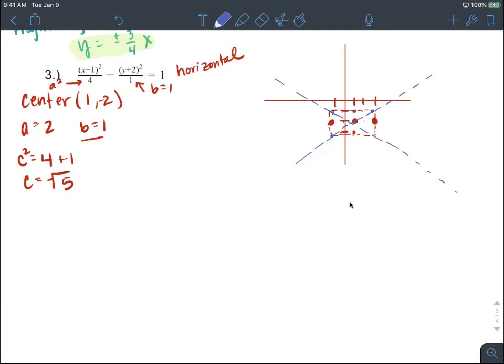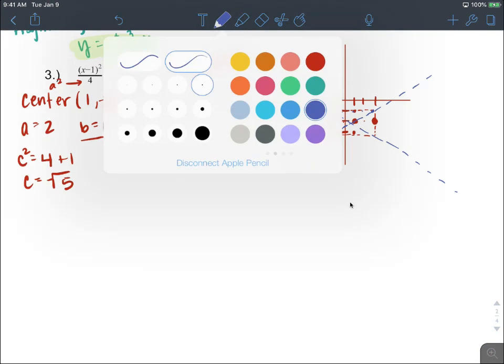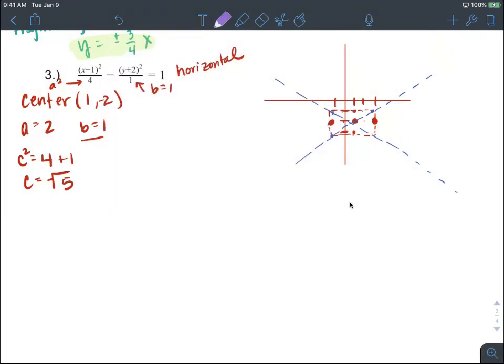Okay, so the next thing we're going to do is, since the graph is horizontal, my vertex is going to be horizontal on the box. Okay, I'm going to sketch in the lines, 1 and 2.